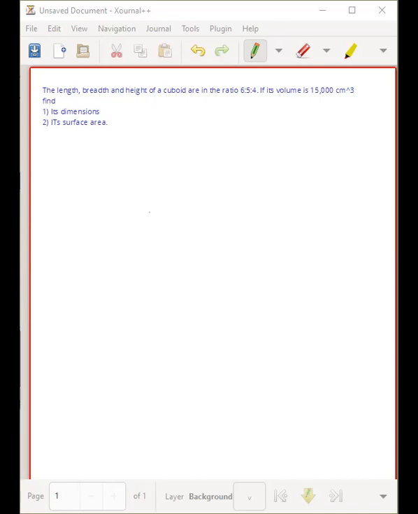I want everyone to attempt these kind of problems. Two more minutes to solve this. Let me see who can solve. Give me the correct answer first.